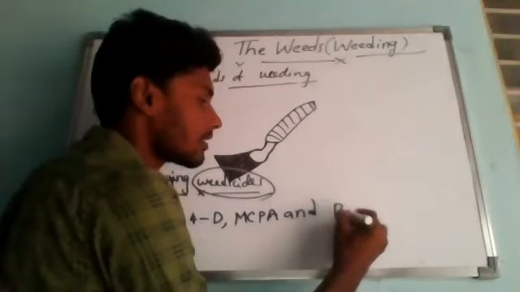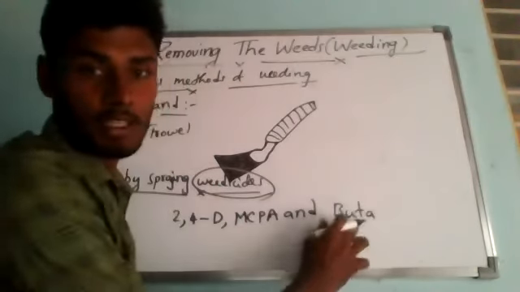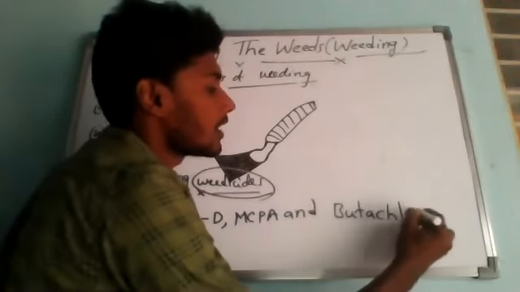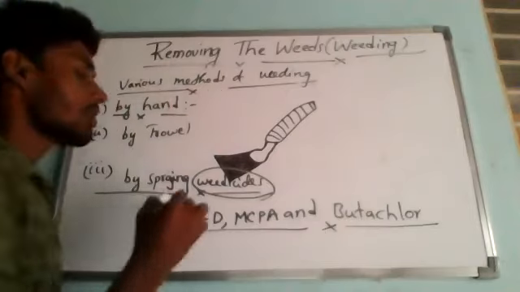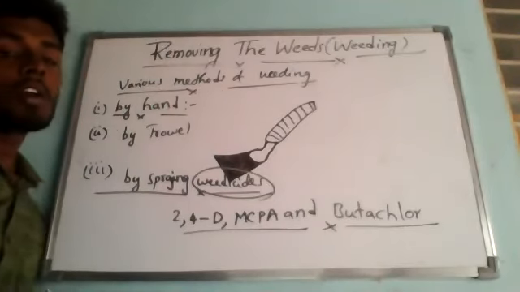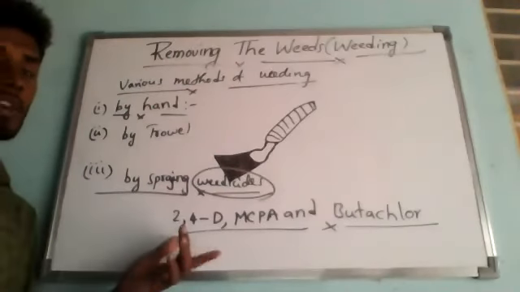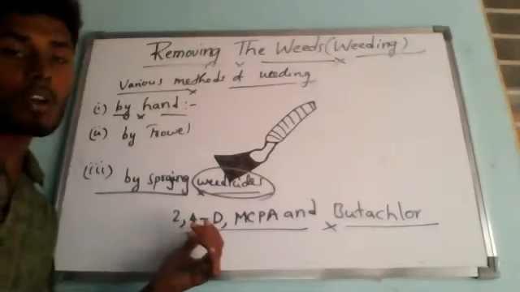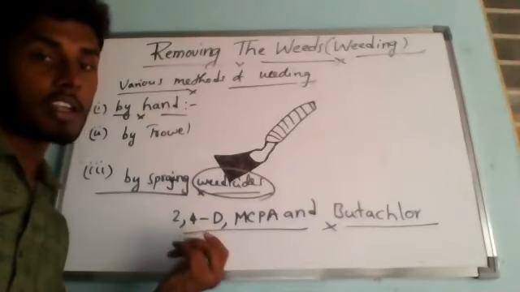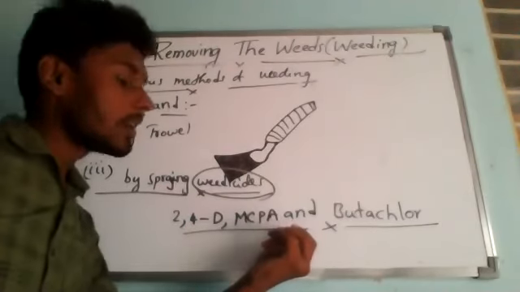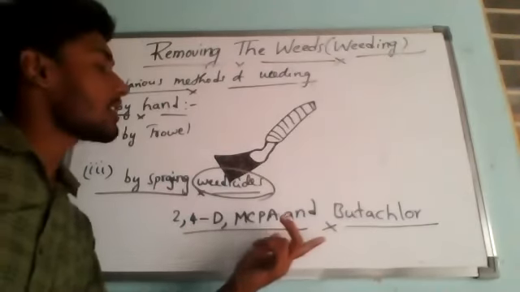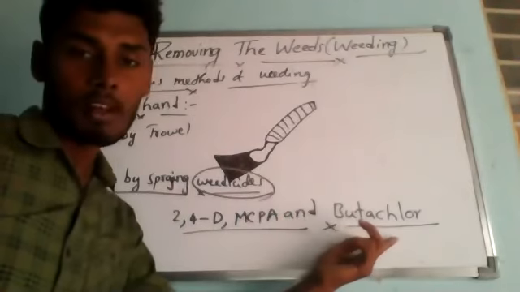These are the three chemicals which we use to destroy the weeds. One is 2,4-D, the first one, and the next one is MCPA. You can ask for them directly, MCPA and butachlor.